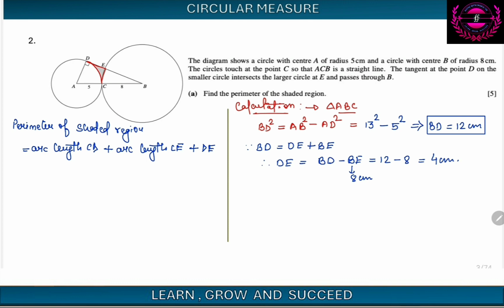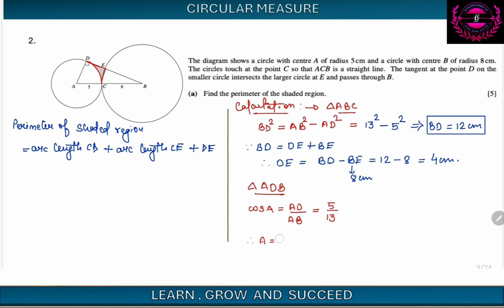Okay, now we have to find the arc length. For arc length, we need to have the angle values of A and B. So again in triangle ADB, triangle ADB is a right angle triangle at D. So I can write cos of A is AD upon AB, which is 5 upon 13.